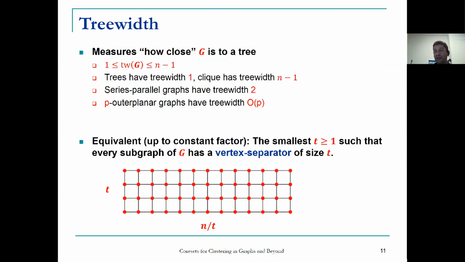Always means in every subgraph of G, not only in G itself, but also in every subgraph. So for example, in this two-dimensional grid that I show you here, you can find a balanced separator of size t. And this is also true for every subgraph of this graph. So it's sort of a canonical example for tree width t. But remember, we also have edge weights, which may distort distances quite significantly. Okay, so this is about tree width.